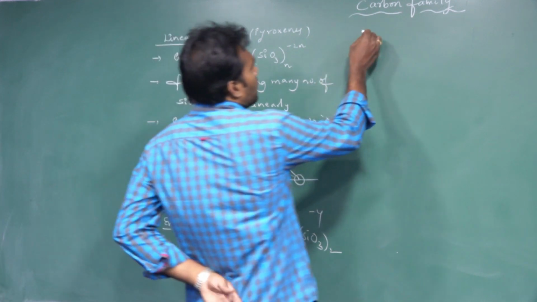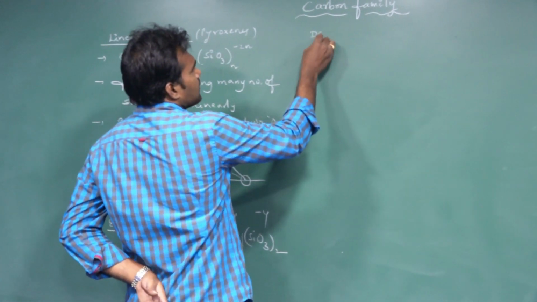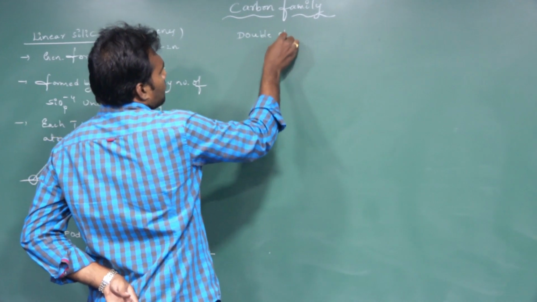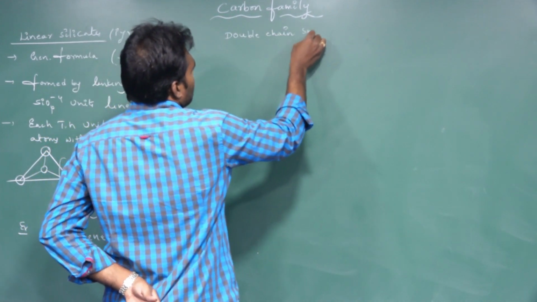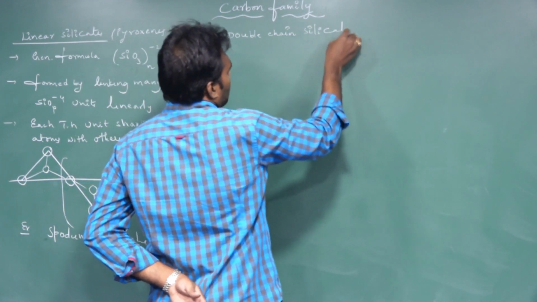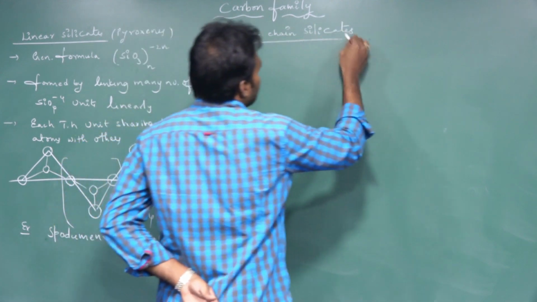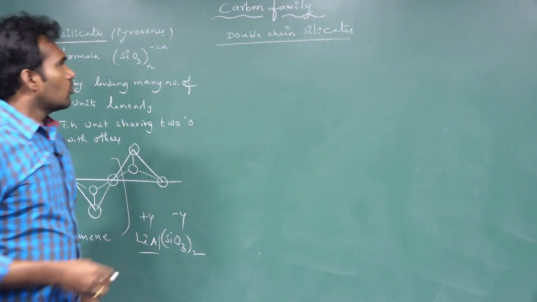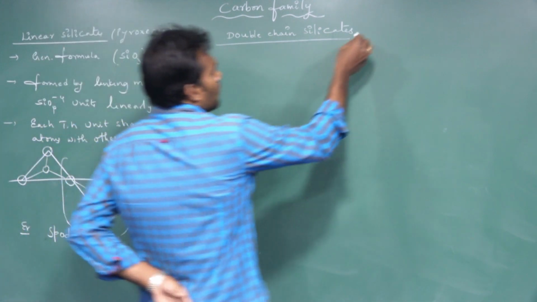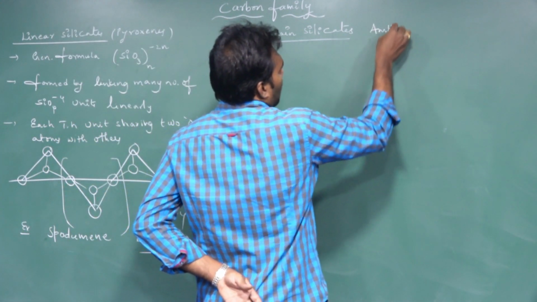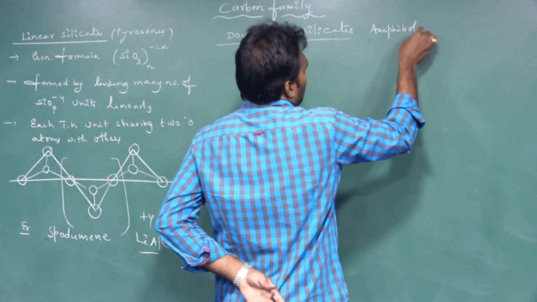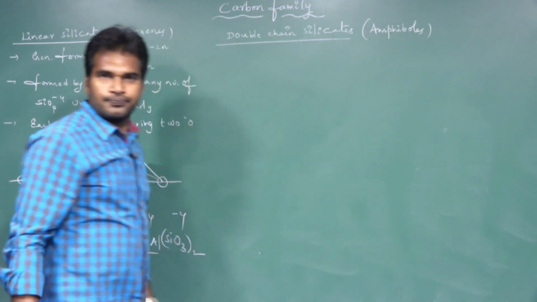Next, move on to the second kind of inosilicates, the double chain silicates. The double chain silicates we also call amphiboles.